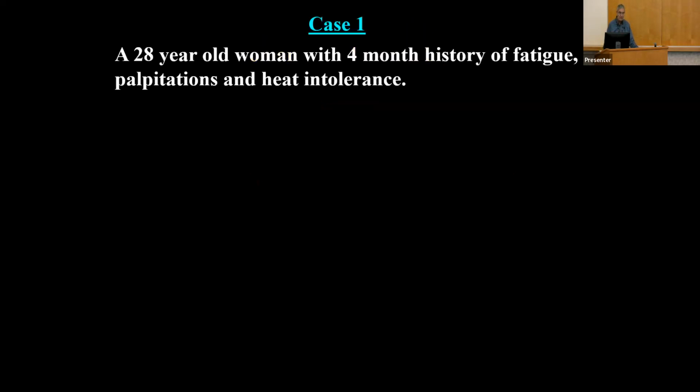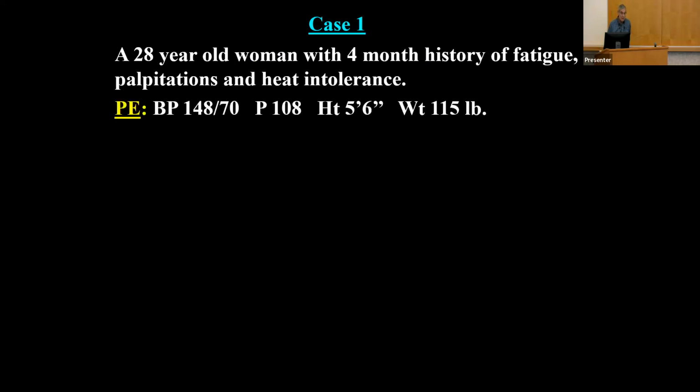Okay. So let's start with the first case. It's a 28-year-old woman who has a 4-month history of fatigue, palpitations, and heat intolerance. She has some systolic hypertension and tachycardia. Both of those are characteristic of thyrotoxicosis. Hyperthyroidism raises your systolic blood pressure.